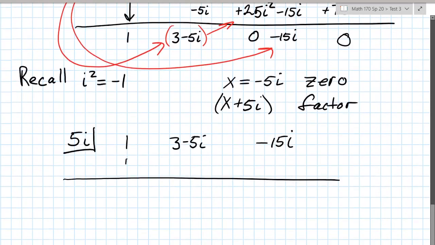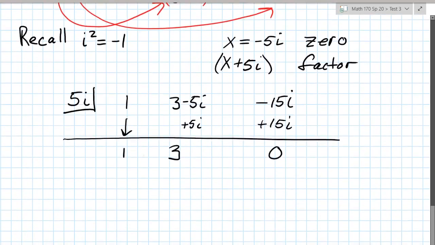So 1 carries down. 1 times 5i is a positive 5i. Combining like terms gives us 3. 3 times 5i is positive 15i, which is exactly opposite that. So our remainder is 0.